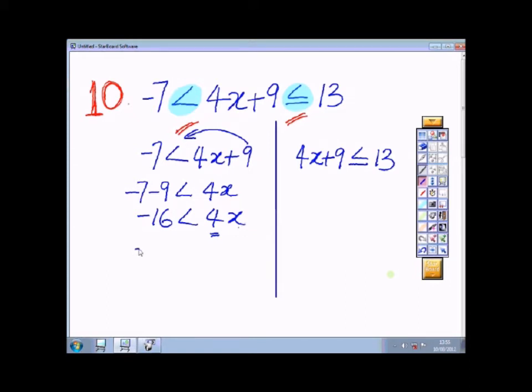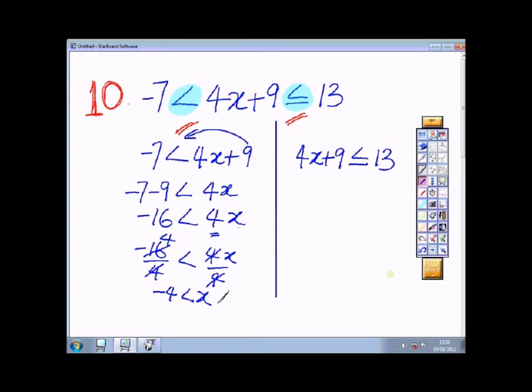So we have minus 16 divided by 4 is less than 4x divided by 4. The 4s cancel out, and 4 goes into 16 four times. So our final statement here is minus 4 is less than x, and that ends the solution to that inequality.